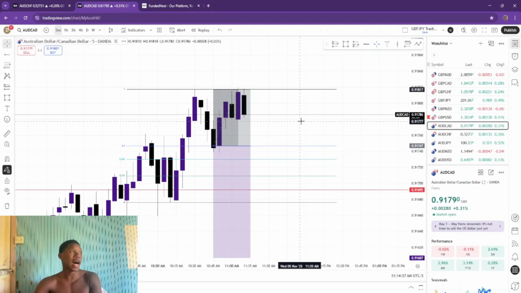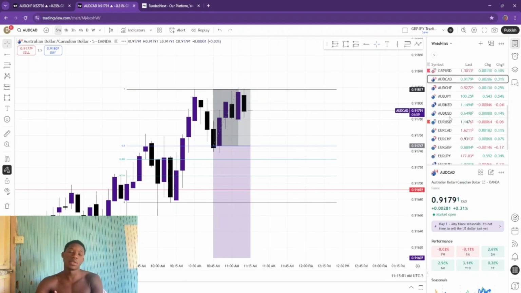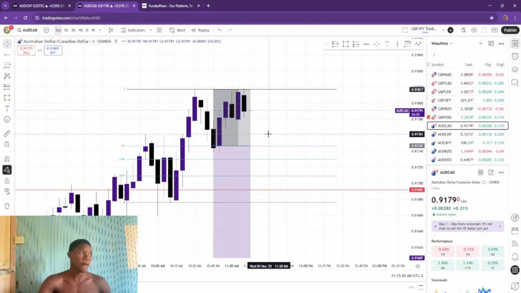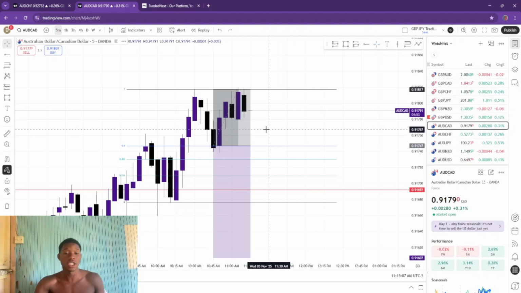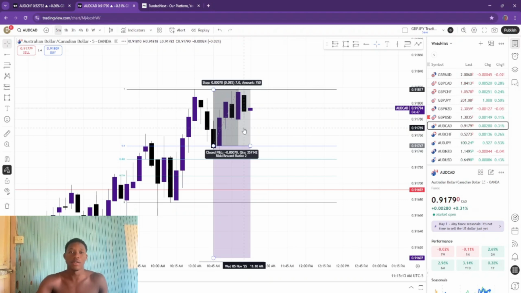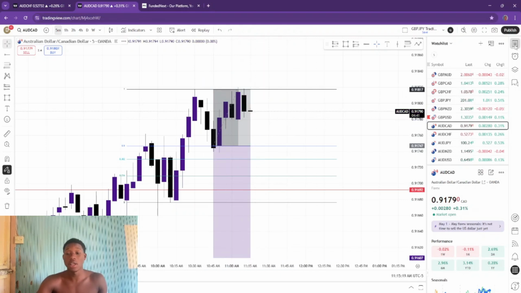So tomorrow I will be trading forex pairs that have lower spreads, because it's just better for my strategy. That's the one thing I'm going to change, so I know I'm not getting out of positions early because of spread. But yeah, that's how it looked today.